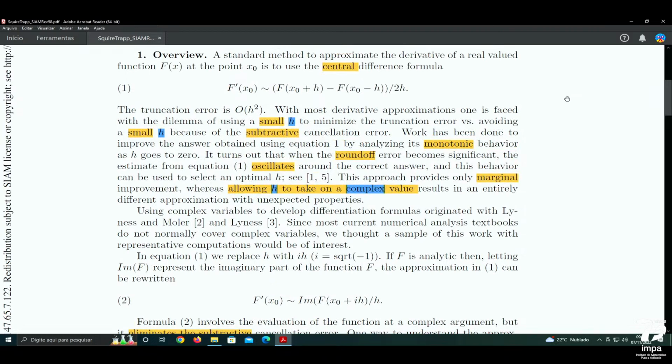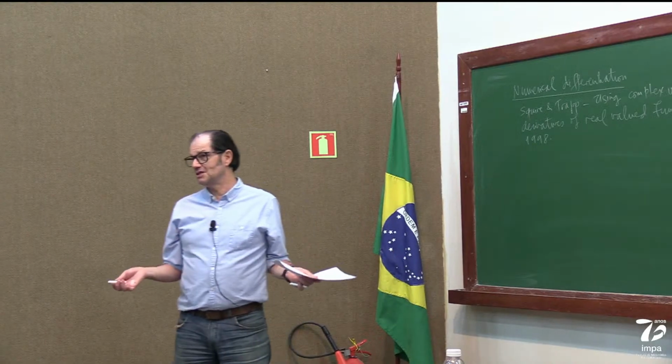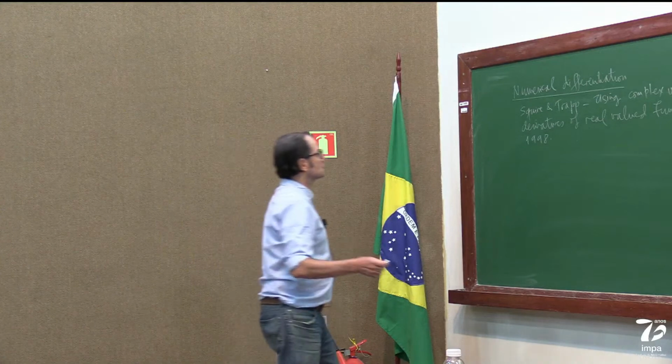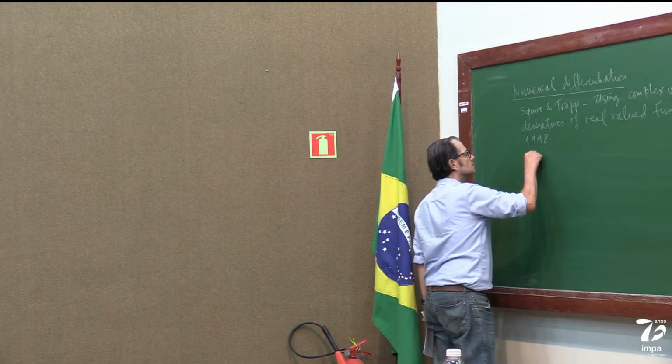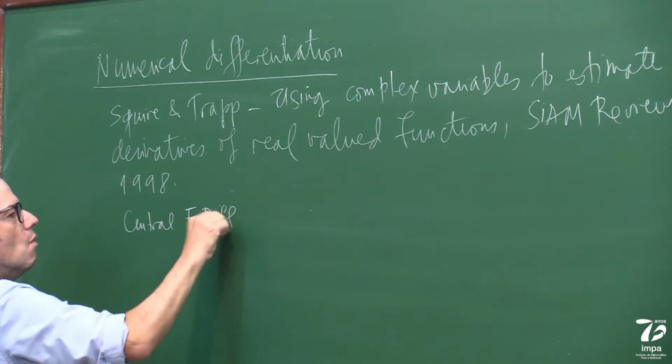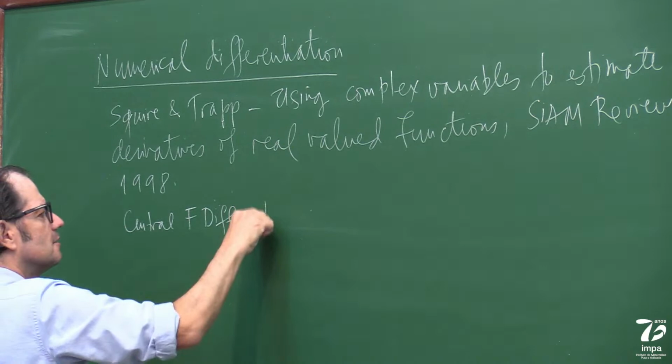Okay, so we see two things up there which I will repeat here, and we're going to compare. So the first thing: how are complex variables going to come in to compute derivatives? Something very simple. It's not even PDEs, but of course I would like to use some of these ideas in PDEs. So we can use, say, central finite difference.